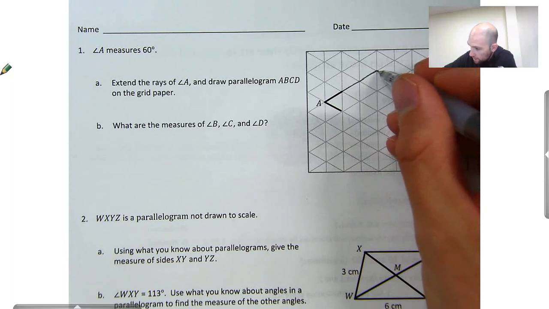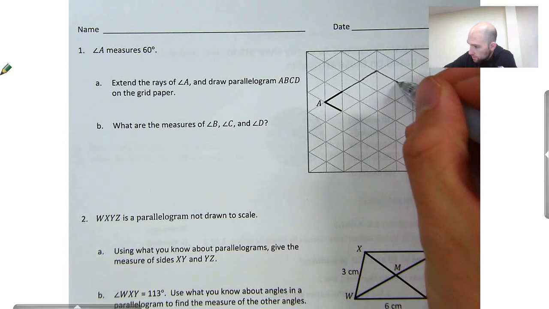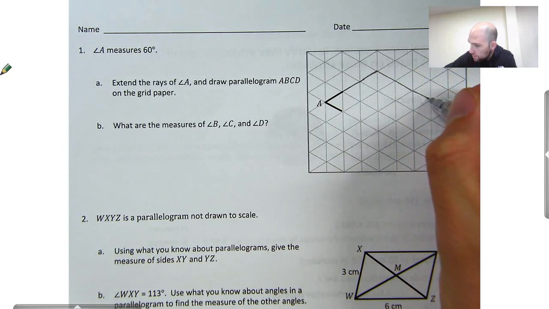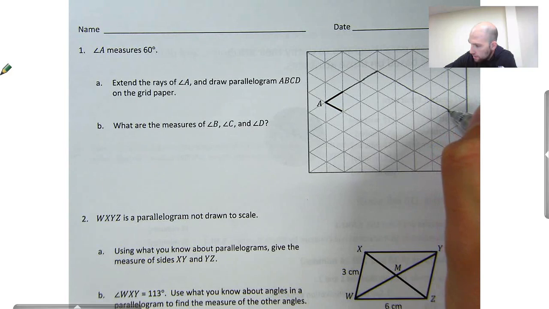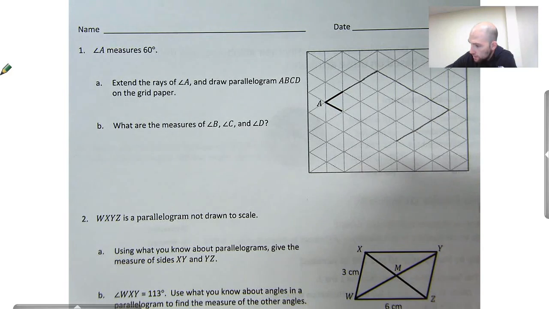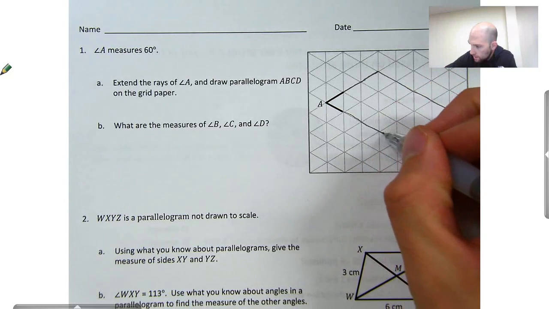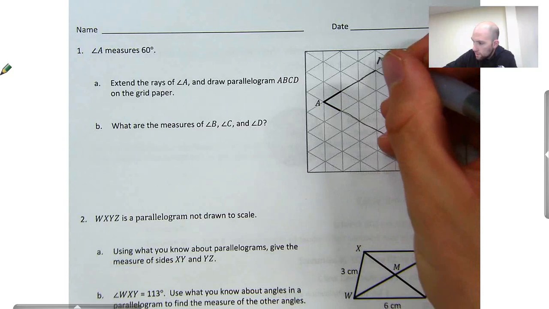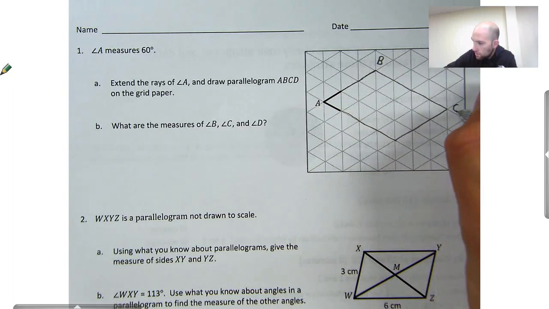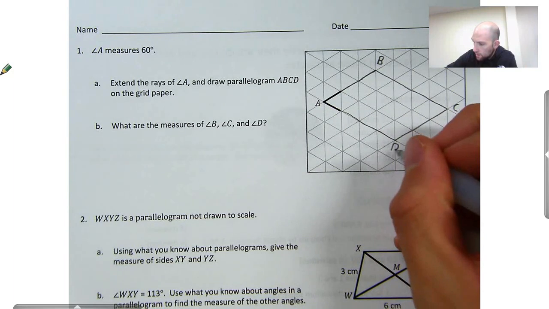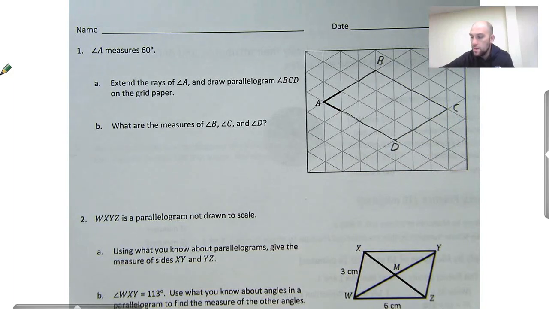I have A, B, we'll call this C down here. Then we'll go here to point D. Back to A and D. And so make this point B. This is going to be point C. This is D. So now we have parallelogram ABCD.